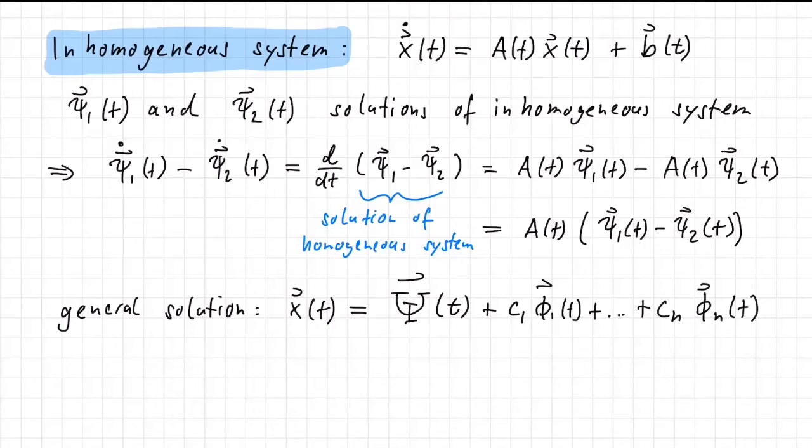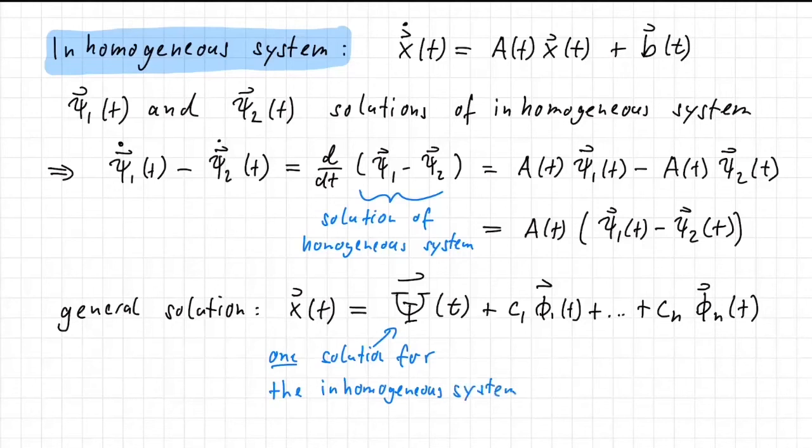So we see that we only need to find one solution for the inhomogeneous system, and we need the n solutions of the homogeneous system.